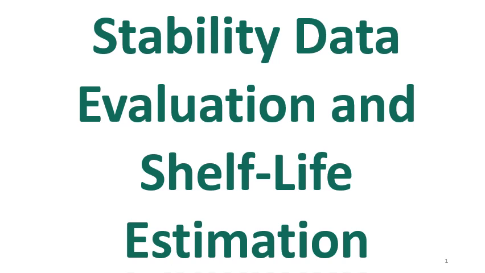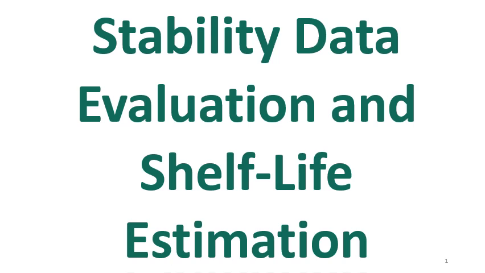In this video we are going to see how the stability data generated after the stability studies is evaluated, and how the shelf life or expiry period is assigned to the formulations based on that stability data.